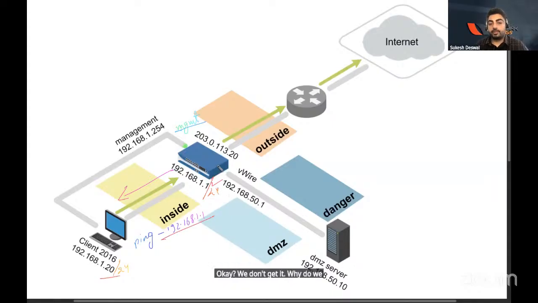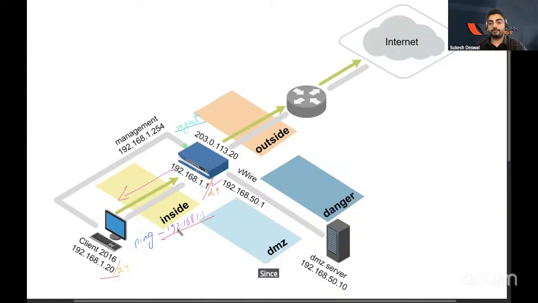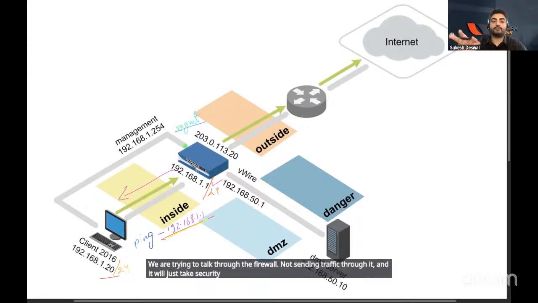Why do we not get it? Because since this traffic is going to the firewall, we are trying to talk to the firewall, not sending traffic through it. Normally it would just check the security policy, check if the traffic should be allowed or not, and then pass it through.